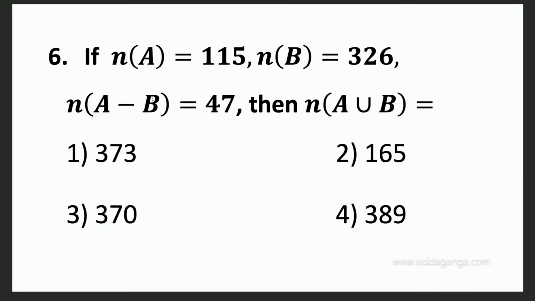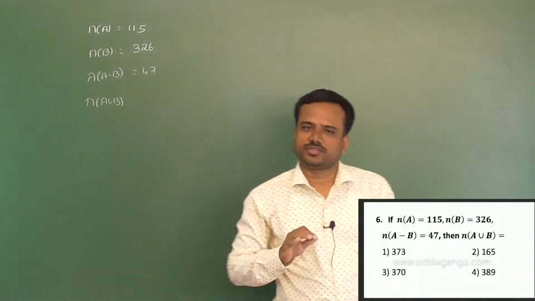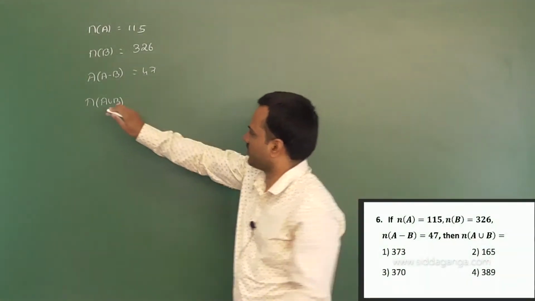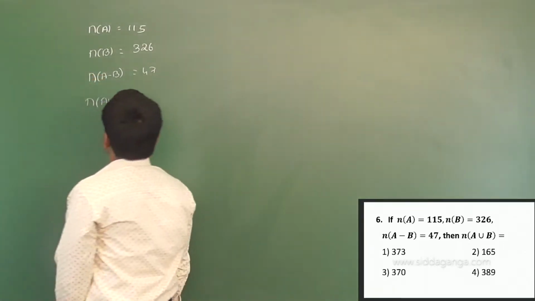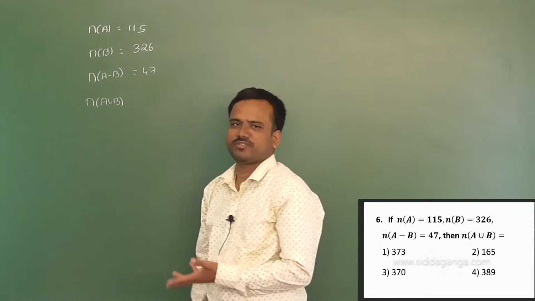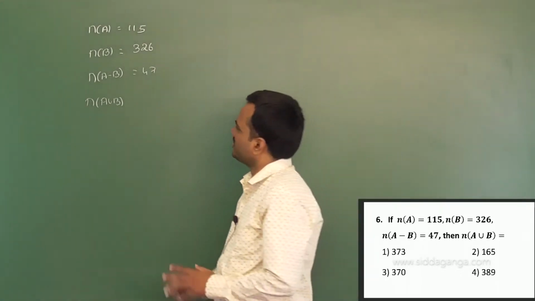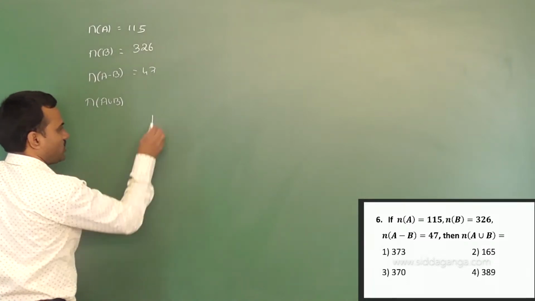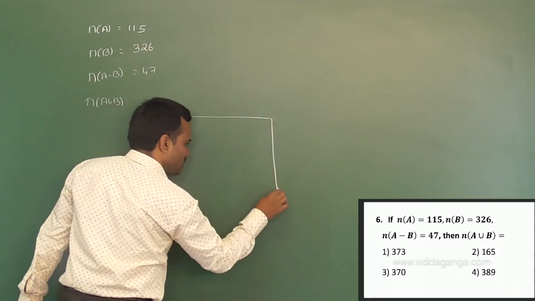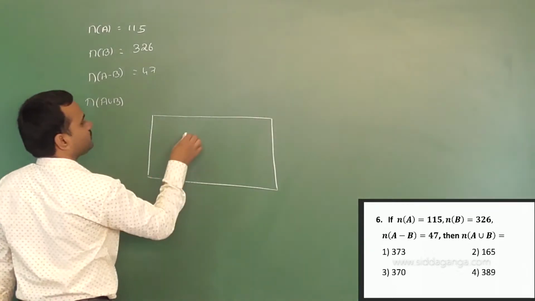We can solve this analytically also: first find n(A intersection B), then find n(A union B). But better we solve this by using the Venn diagram. See that.